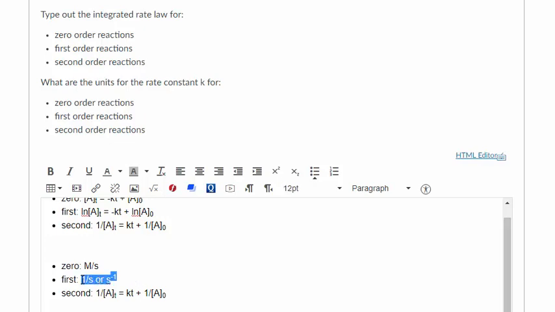Now to take this into the second order, all you have to do is add a capital M, or insert, that would be a better way to say that, insert a capital M for each of those, but it's underneath the fraction. So it's 1 over the product of molarity times seconds, or M to the -1 times s to the -1.